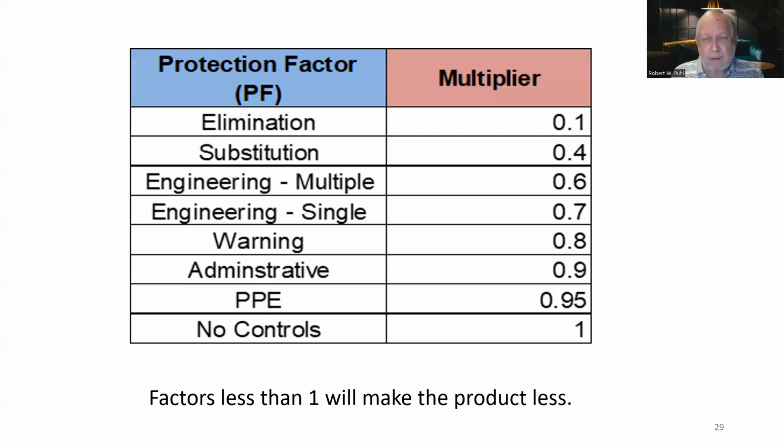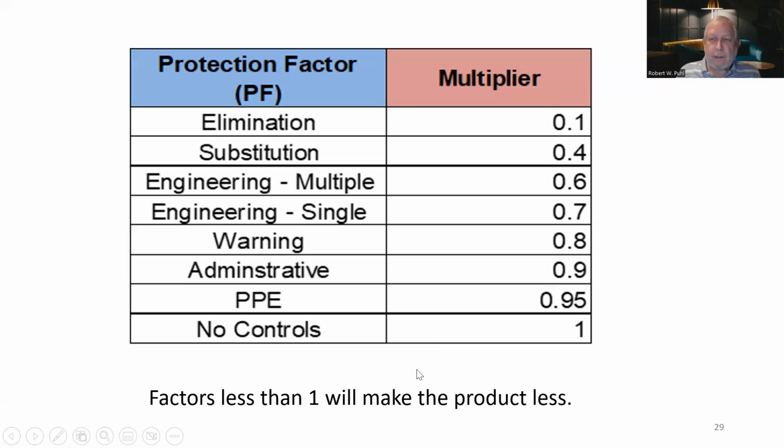Now remember, these are factors. So when you have factors, you multiply factors. Anything less than 1 is going to make the product less. In other words, if you have a 2 and you multiply it by 0.9, you're going to get 1.8, right? So anytime you multiply any factor by less than 1, it's going to make that factor less. And the product is, of course, the result with all these factors multiplied together. That's just basic math, but it comes about in ergonomics too a lot.